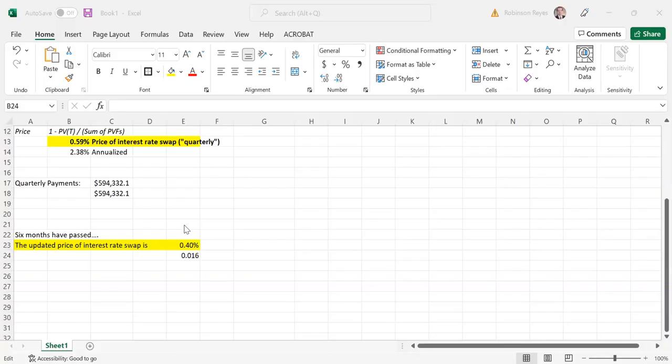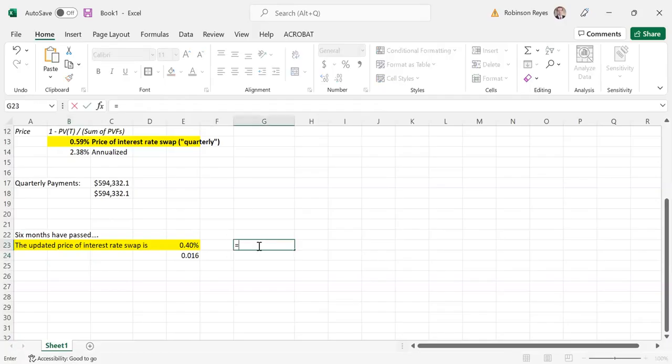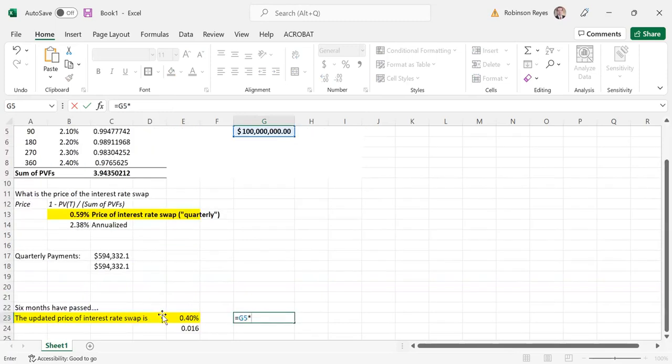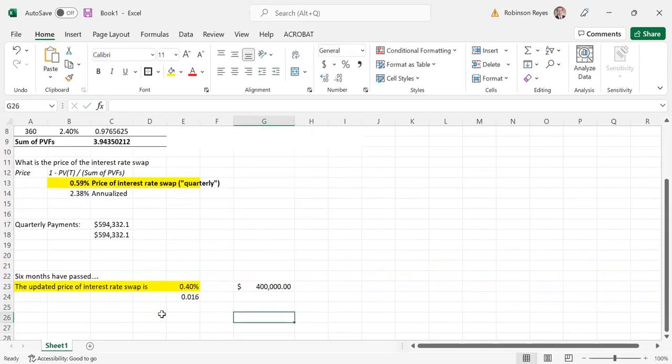So what we noticed is that if you started an interest rate swap now, your quarterly payments would be much lower. Your quarterly payments would be 100 million multiplied by 0.4. So the quarterly payments would be 400,000 and not 594,000.